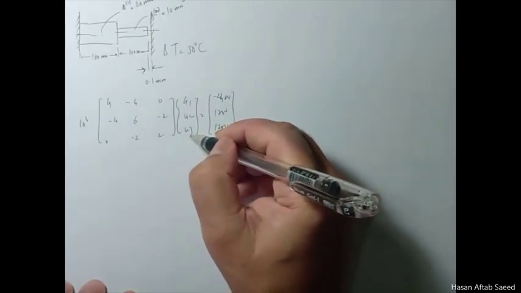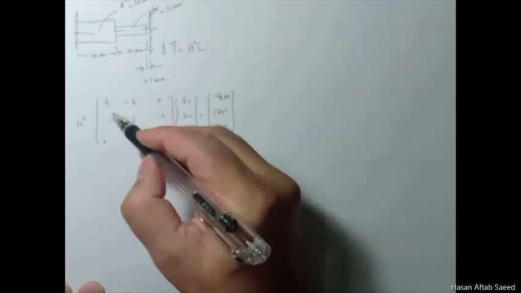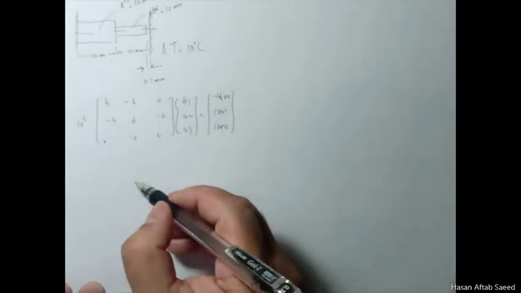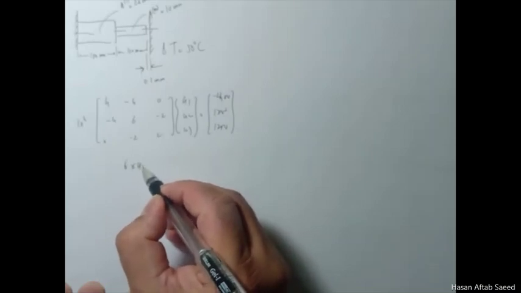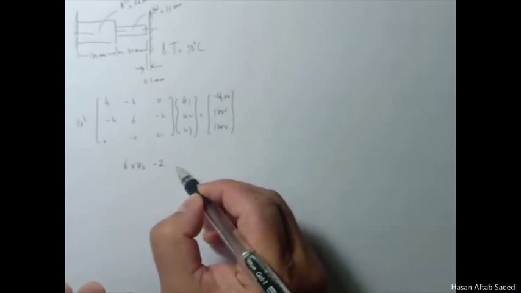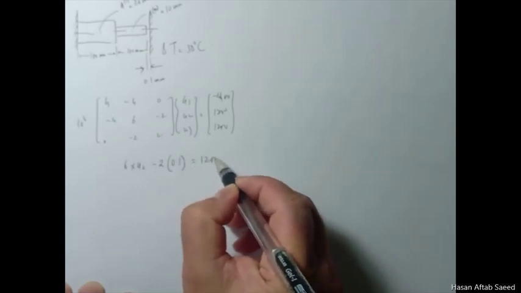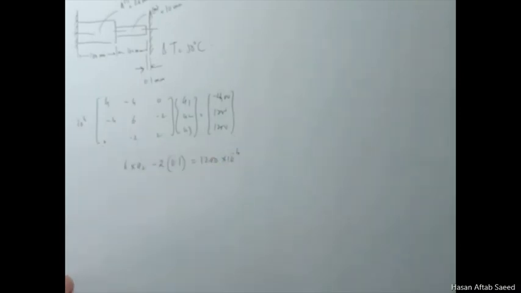So the only equation of interest for us actually is the second equation. This minus 4 multiplies with u1, which is 0, so it doesn't count. So basically what we have here is 6 into u2 minus 2 into u3 is 0.1. We know this is equal to 1200 into 10 raised to the minus 4. I'm taking this power to the other side.